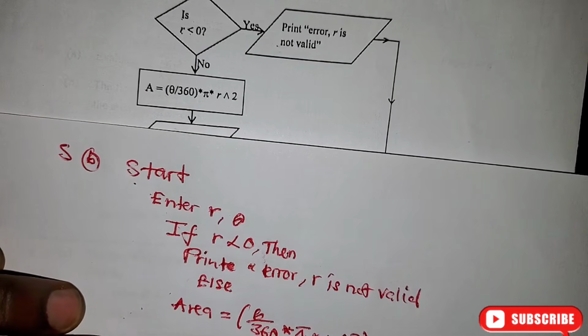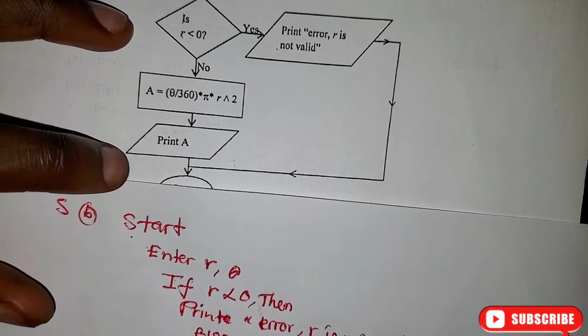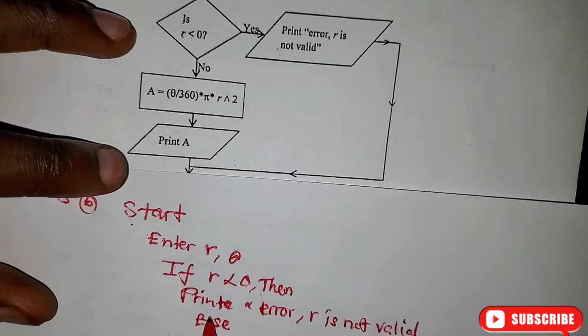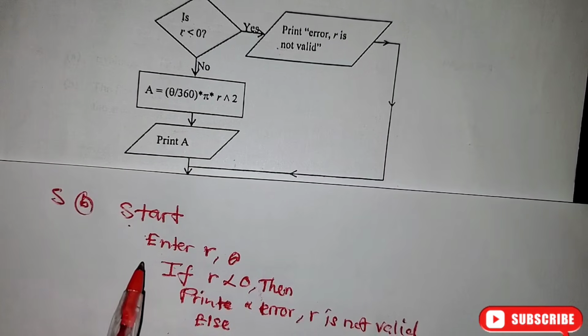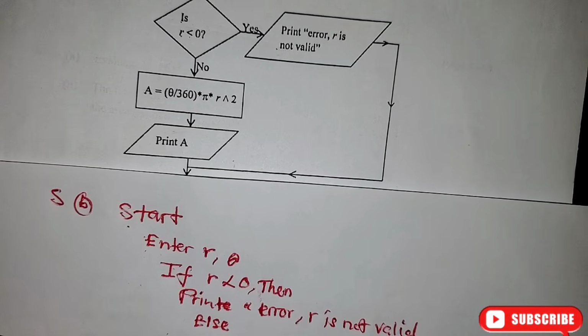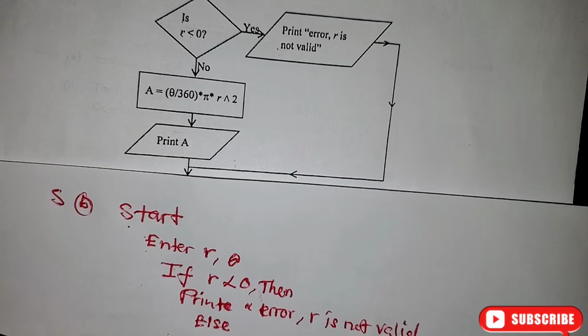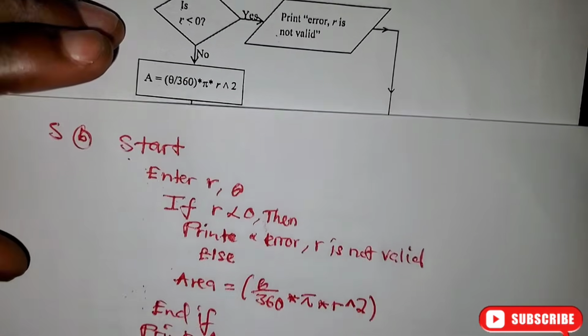All right, then after doing this, before you print, you write end if. So you see where there is enter here, the same line, just write end if, then you write print area, which is print A, okay.